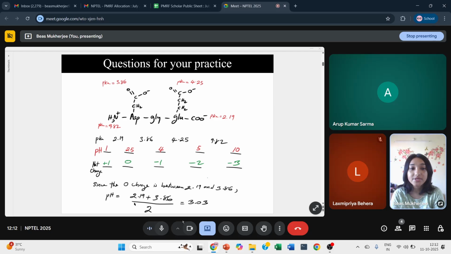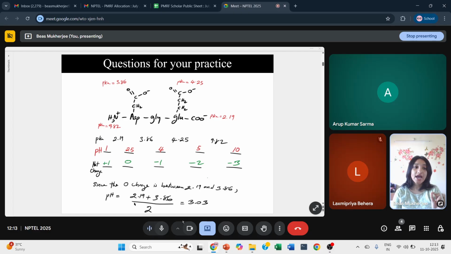Then when the pH becomes 2.0, the net charge is 0. When the pH is 4, the net charge is -1, at pH 5 the net charge is -2, and when pH is 10, the net charge becomes -3.